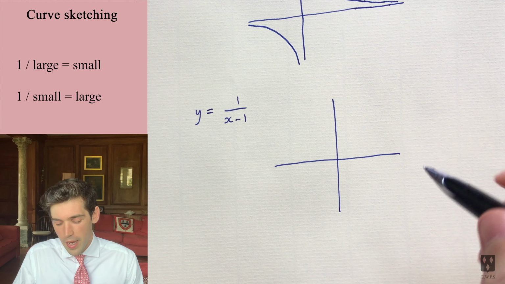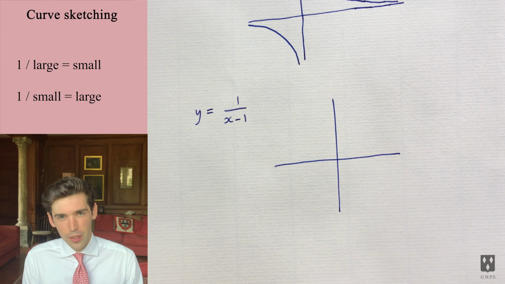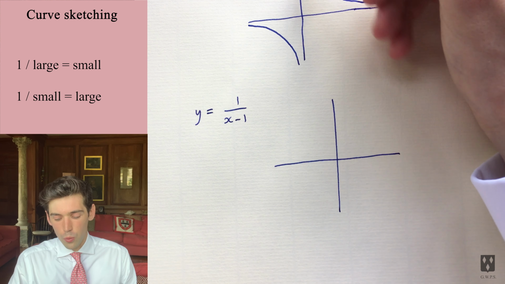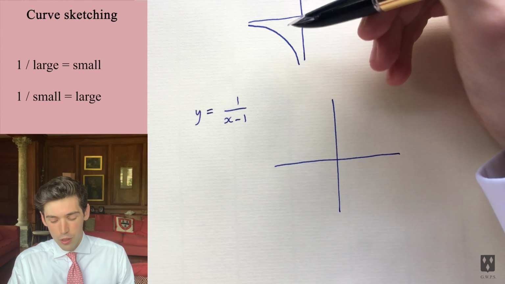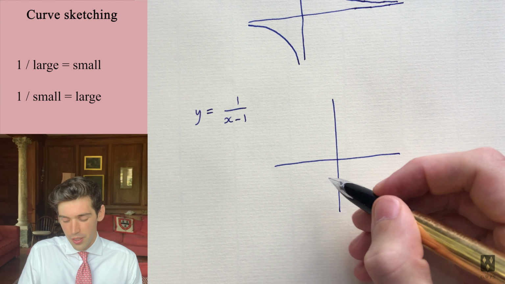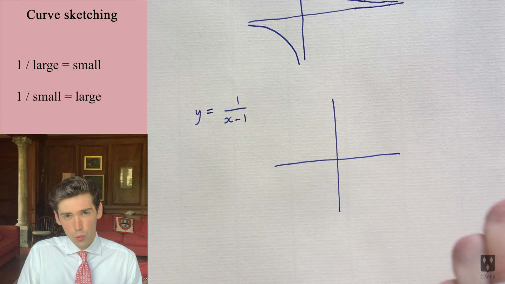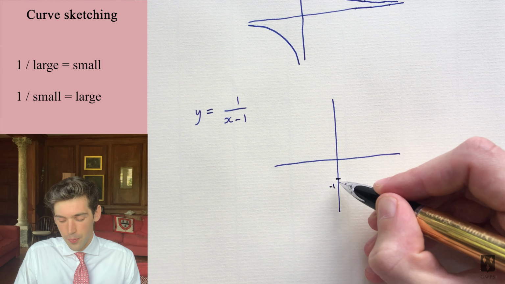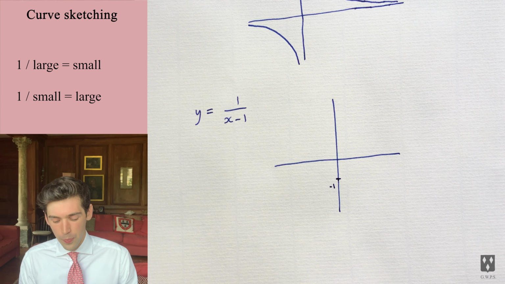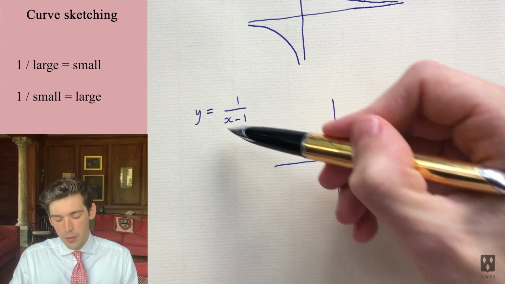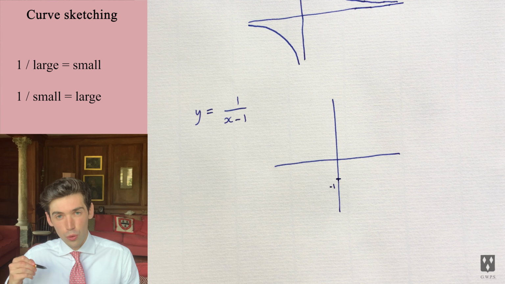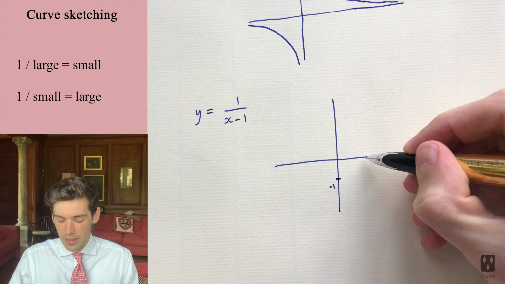But when x gets close to 0 this time, it's different. So before, when x was 0, we went off and had an asymptote, but now when x is 0, this thing is instead just minus 1. You get 1 over minus 1. So we can actually mark on minus 1 here. We know it goes through there. But instead, consider, when does this denominator become small? And it becomes small when x is equal to 1. And so that's actually the key value.